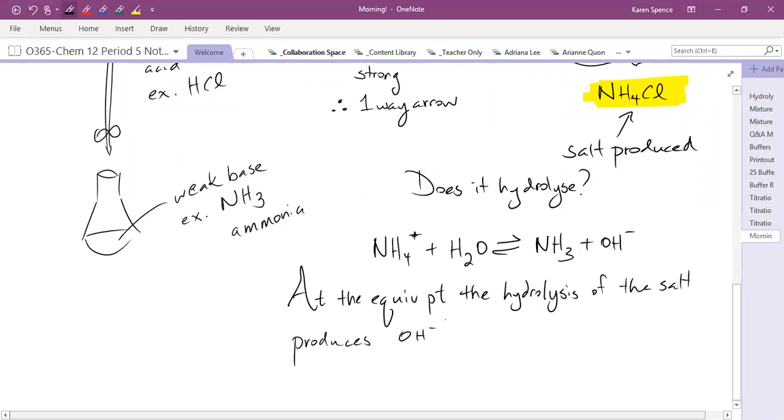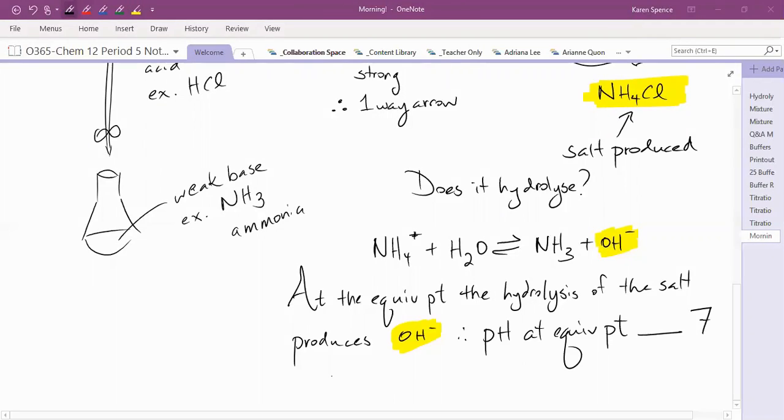And therefore the pH is going to be, is it going to be greater than 7 or less than 7? Isn't it supposed to produce hydronium? You are absolutely right. I goofed up there. Okay. So let's get rid of that.